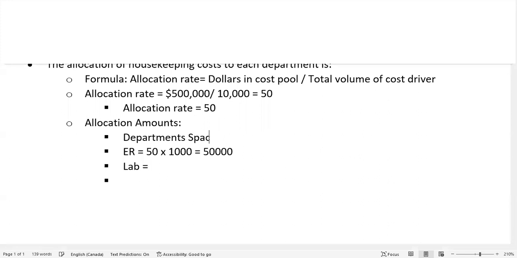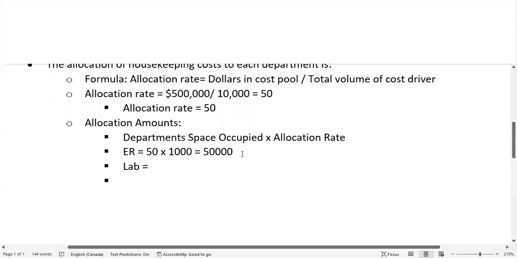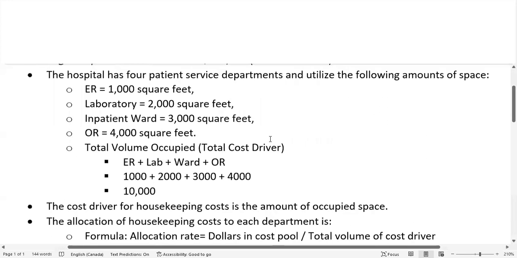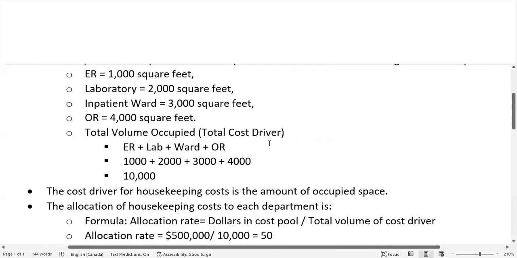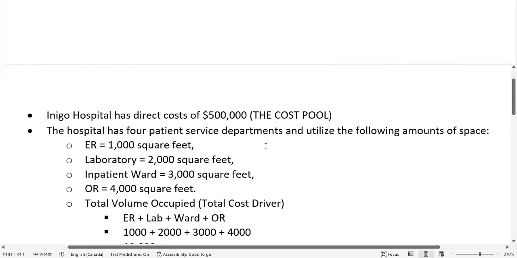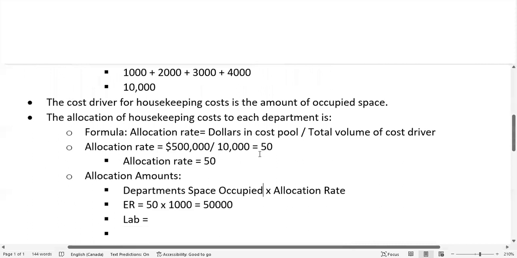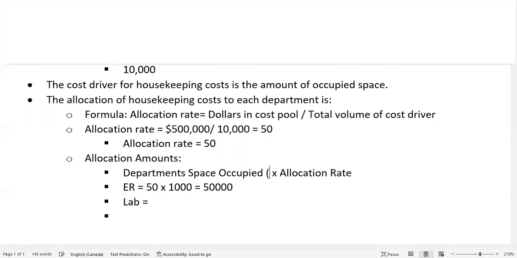Sorry, in this case, space occupied, times the allocation rate. So you can call this also the departmental volume.